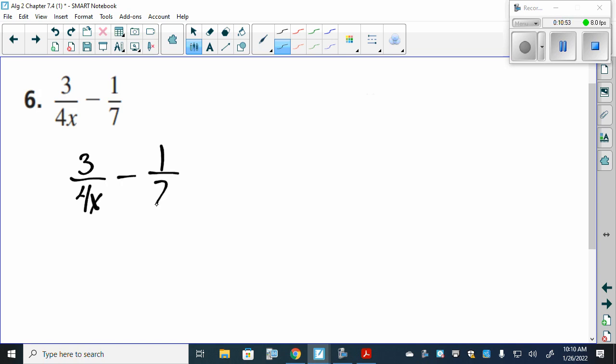4x and 7 don't simplify at all. Well, we could look at the 7 first. What do I need to do to get the 7 to be the same as 4x? That'd be nice if we could do that, but we'll have to multiply by something.